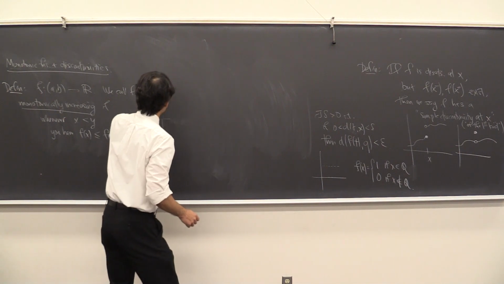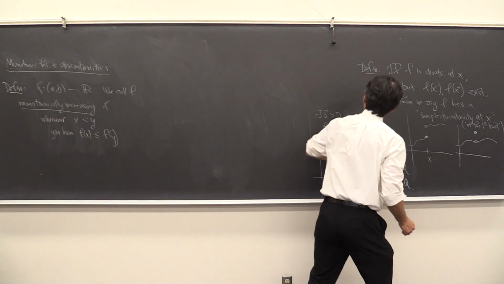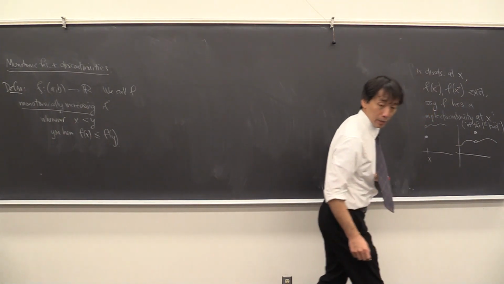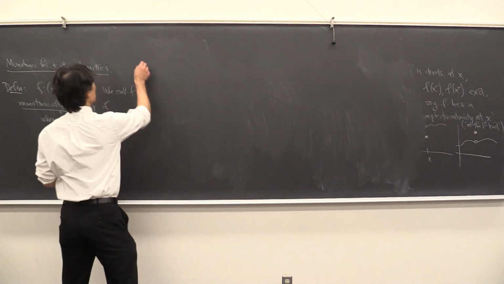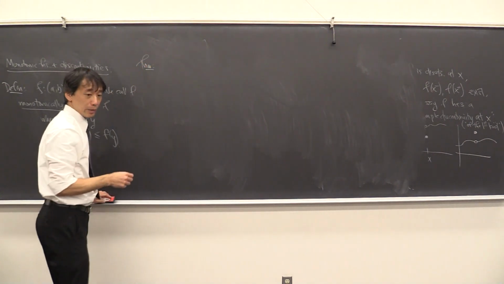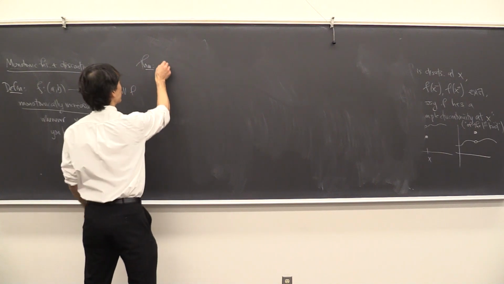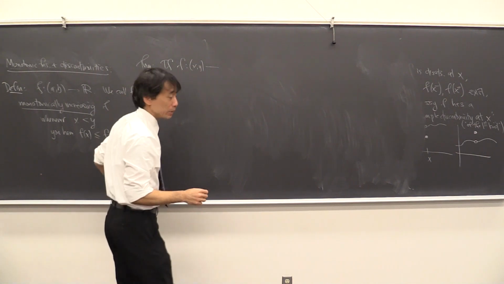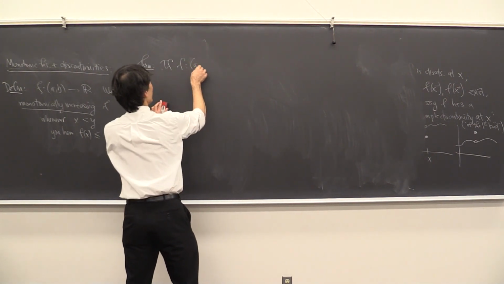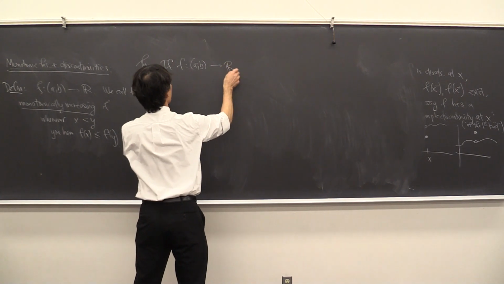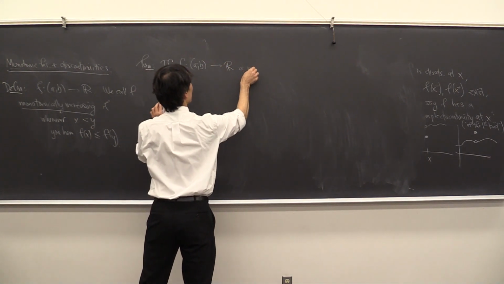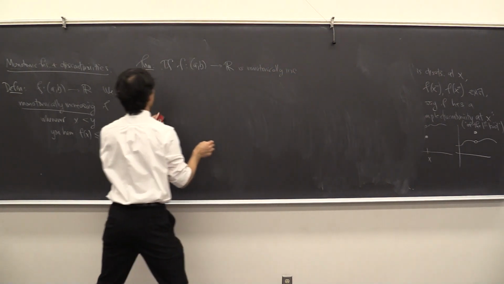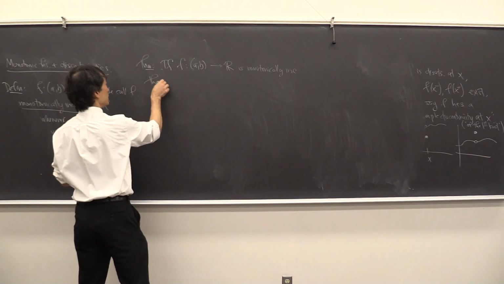Okay, so Rudin gives this theorem that says something about monotonically increasing functions. Suppose f is a function on an interval (a, b). If this function is monotonically increasing, then two things happen.